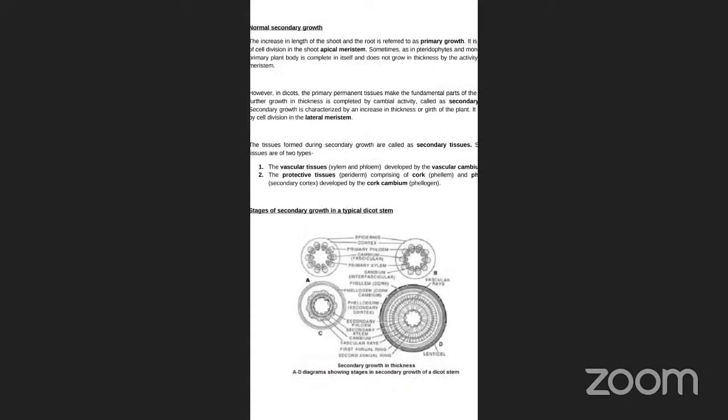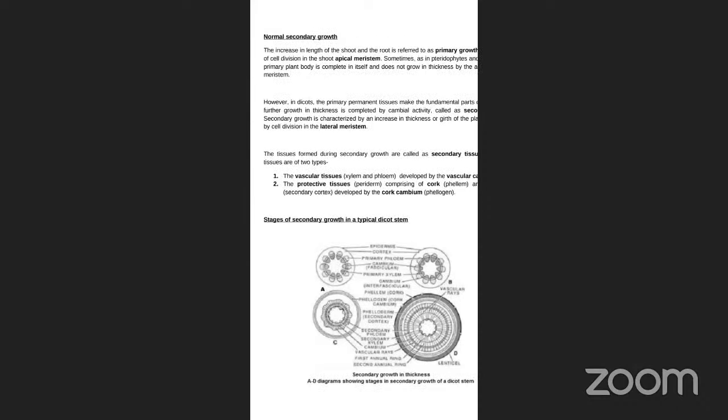Next, first, normal secondary growth. Increase in length of the shoot and root is referred to as primary growth.